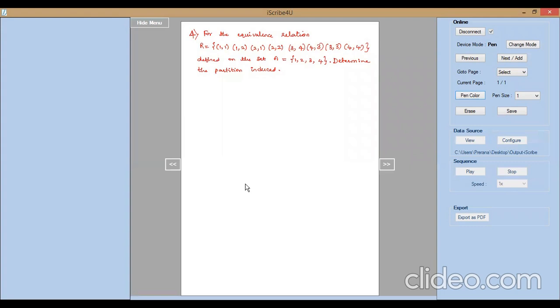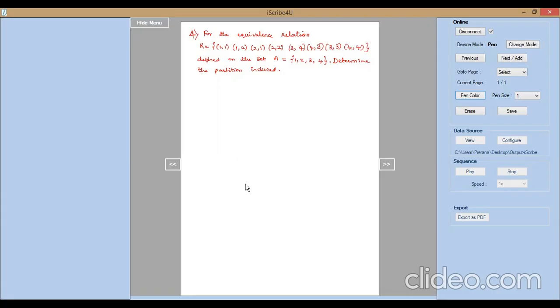So we will have to find out the partition first. To find the partition, it is purely based on the equivalence class definition. So we have to find out the equivalence class of every element of the set A. Set A consists of 1, 2, 3, 4. So for every element of the set A, we have to find out the equivalence class first.